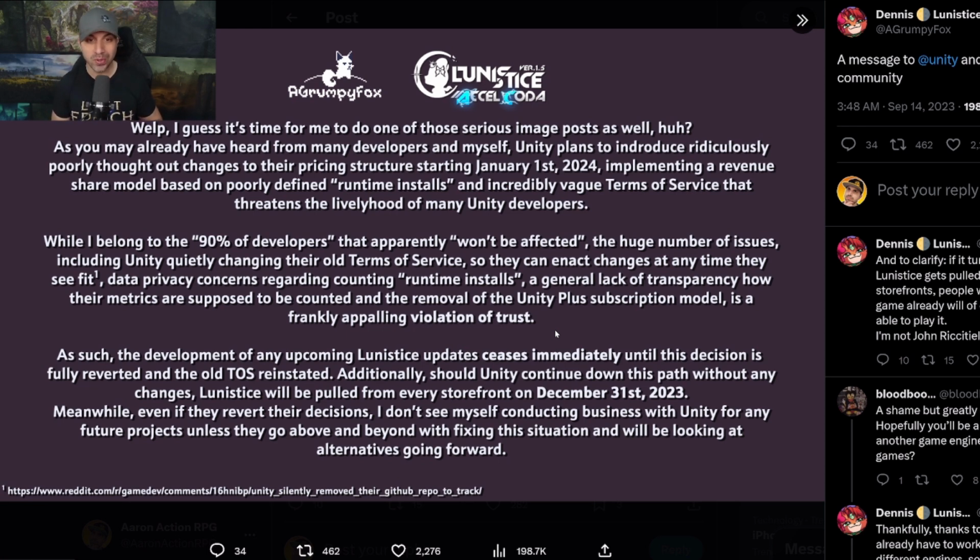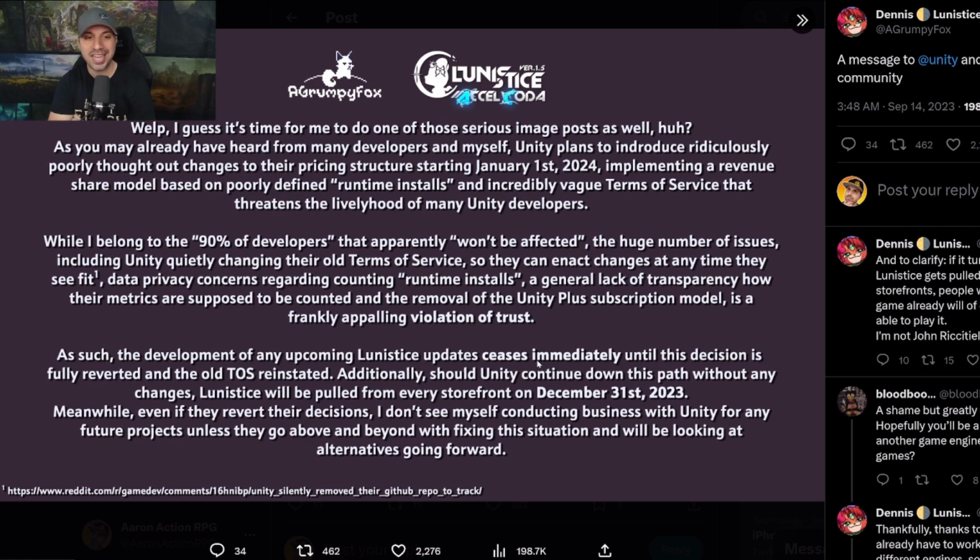As you may already have heard from many developers and myself, Unity plans to introduce ridiculous, poorly thought out changes to their pricing structure starting January 1st, 2024, implementing a revenue share model based on poorly defined runtime installs and incredibly vague terms of service that threaten the livelihood of many Unity developers.